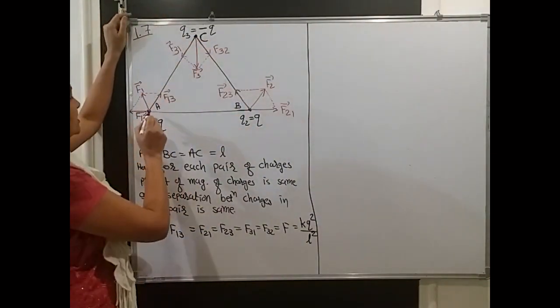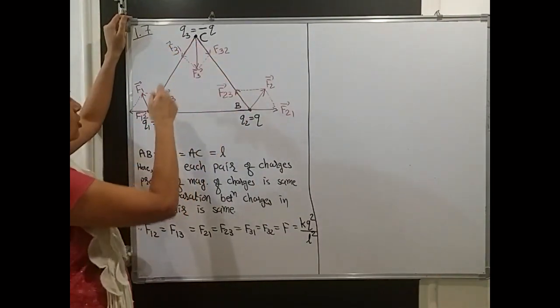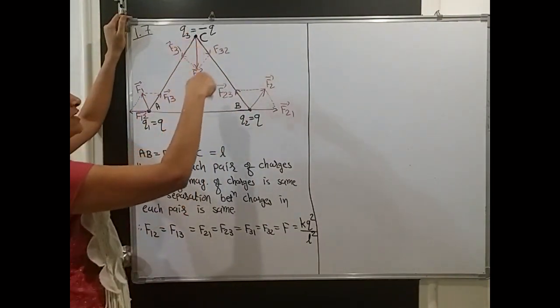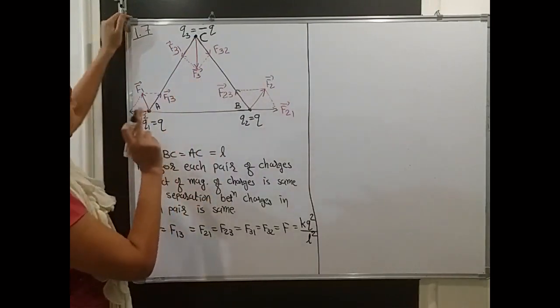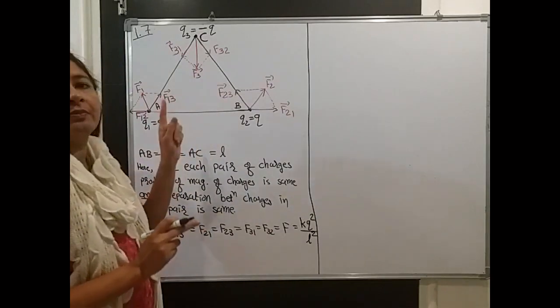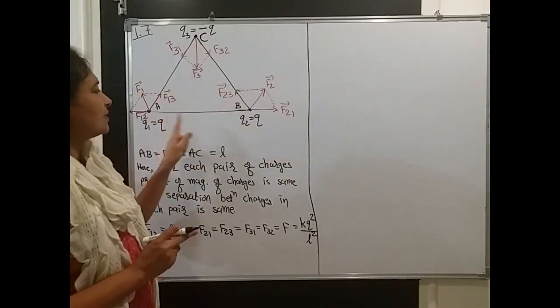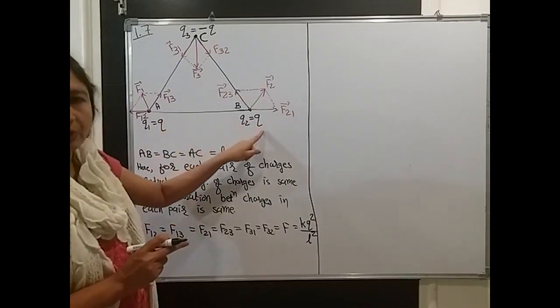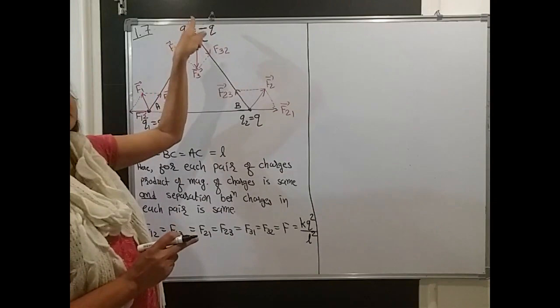We have three charges Q1, Q2 and Q3. They are kept on the vertices of an equilateral triangle of side L. But what is the difference from the previous question? Q1 and Q2 are positive charges, plus Q, while Q3 has magnitude Q but is negative.